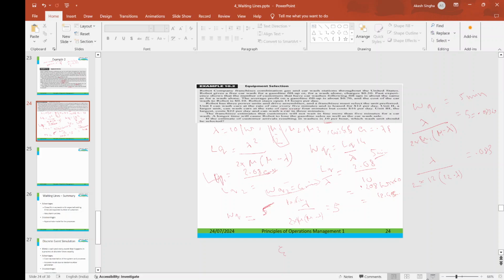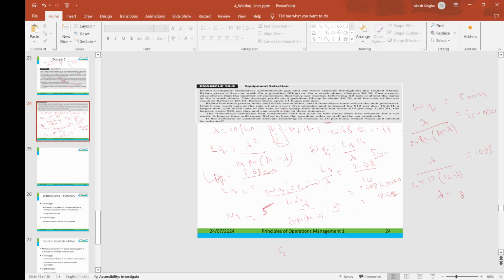Now if we calculate, wait, yeah, so now substituting the values, we can get lambda equals to 8. So with the server one, only 8 customers will come in per hour and 2 will go back on average. These are all averages, by the way.